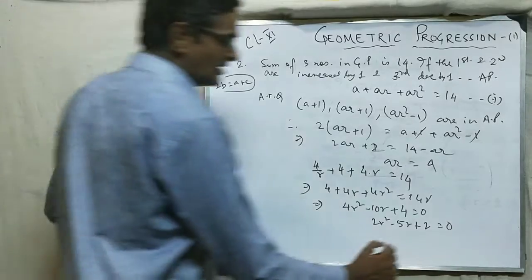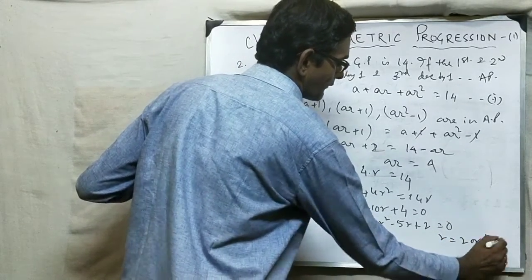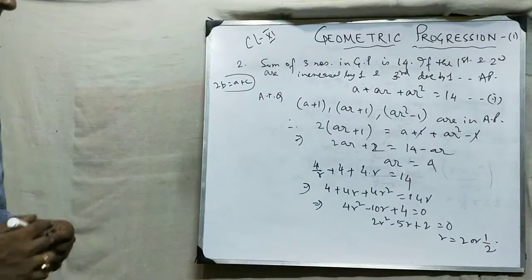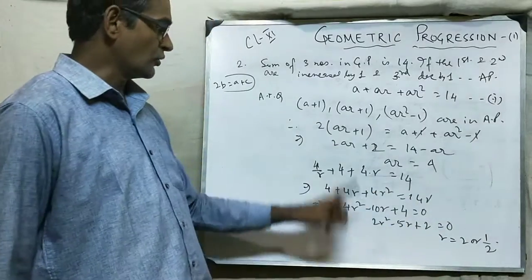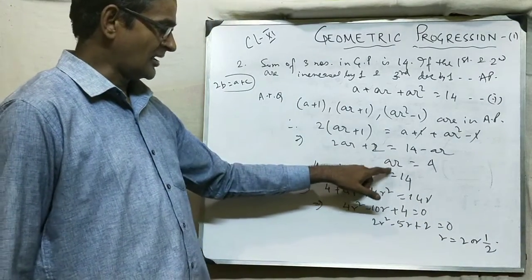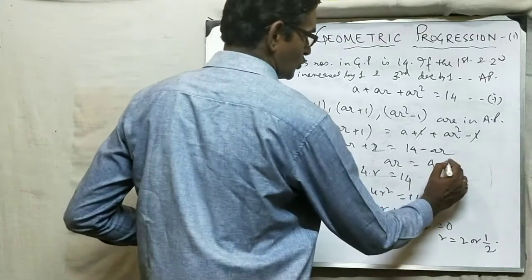Now do the middle term factorization and you will get the value of R as 2 or half. So let us take it as equation 2.